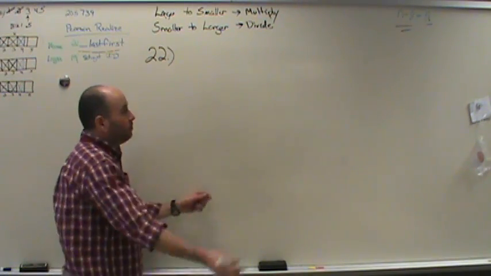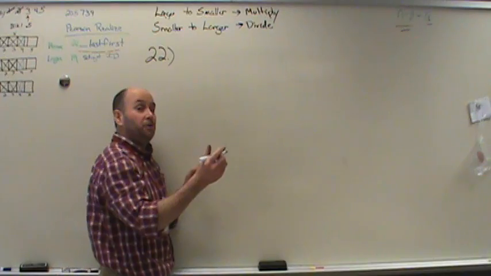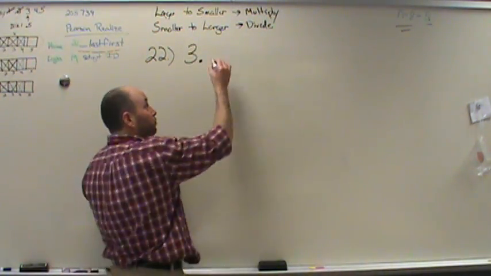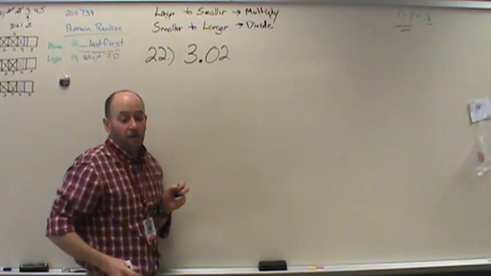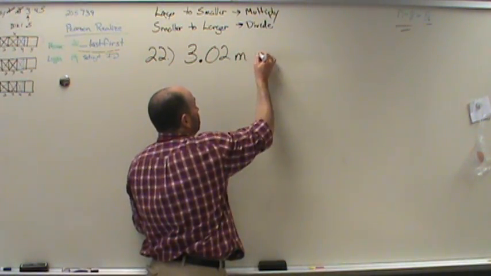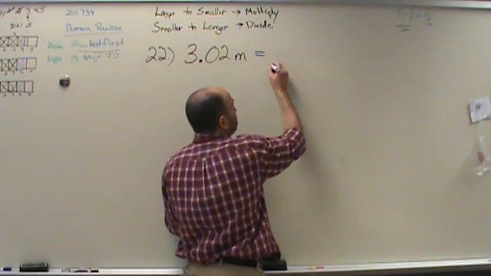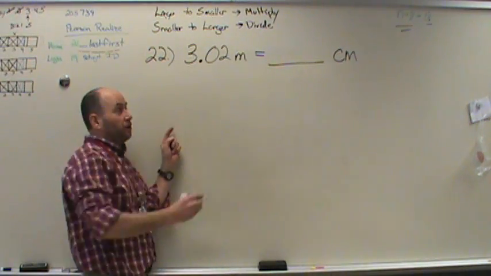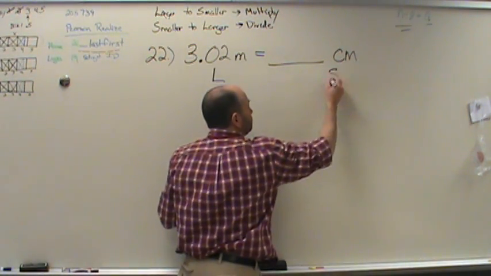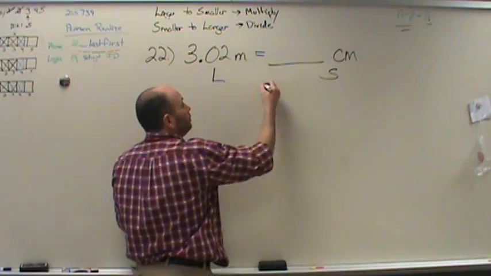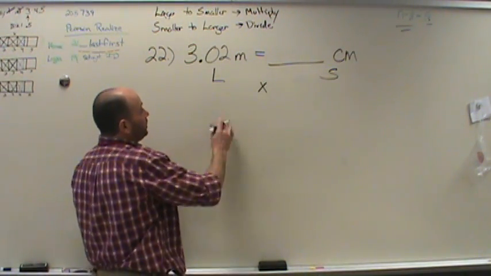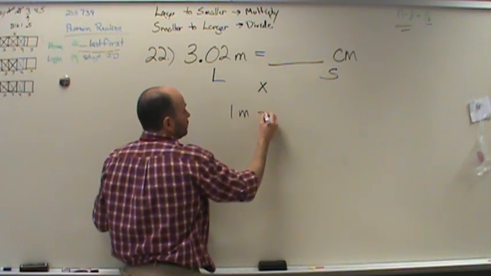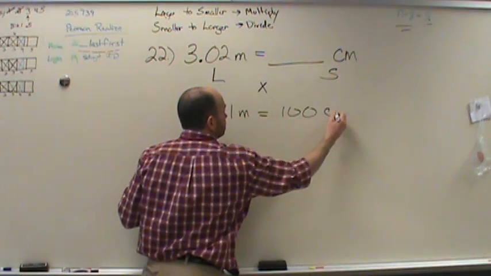Okay, problem number 22. Here we go. We have 3 2/100ths of a meter, and we want to know how many centimeters it equals. Well, in this situation, we are going from a larger to a smaller unit, so we know we have to multiply. We know that 1 meter equals 100 centimeters.